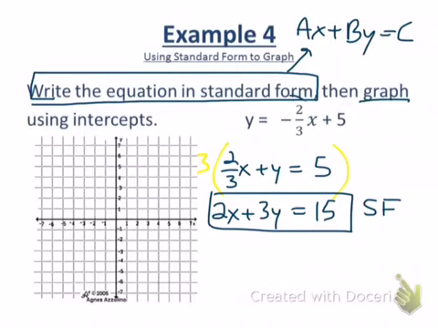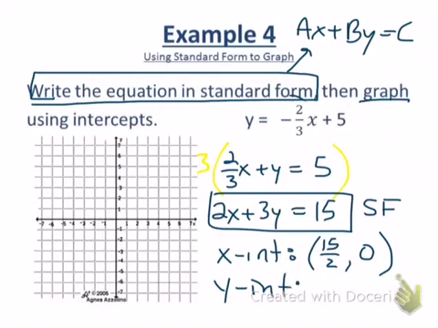Now, then it says to graph it using the intercepts. Now, let's do this quickly because we're running out of time. The x-intercept is where y equals 0. So if we zero out the y, 15 over 2, 7.5, right? There's your decimal. It's okay to have a fraction or decimal there. The y-intercept is where x equals 0.